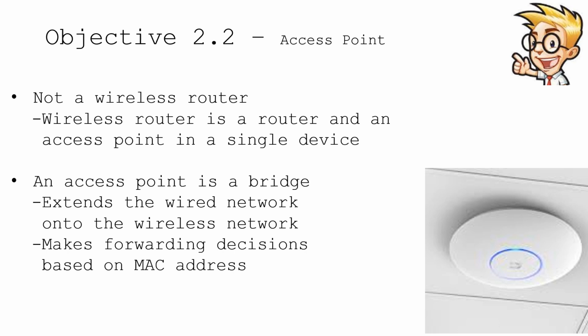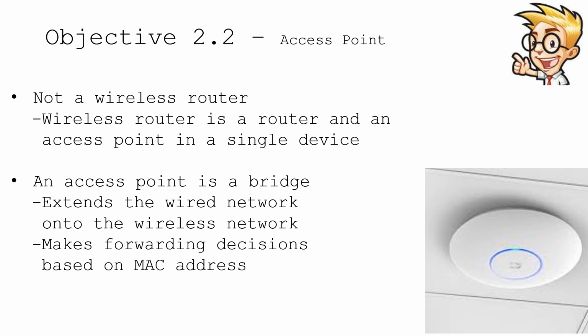You'll sometimes hear these devices referred to as a bridge because they are simply bridging or extending that wired network into a wireless connection. This is not a device that is routing between subnets. It's not performing any type of network address translation. It's simply bridging people on the wireless network to the folks that are on the wired network.